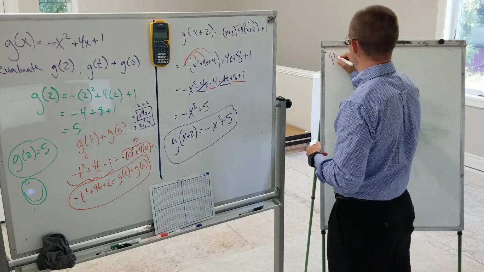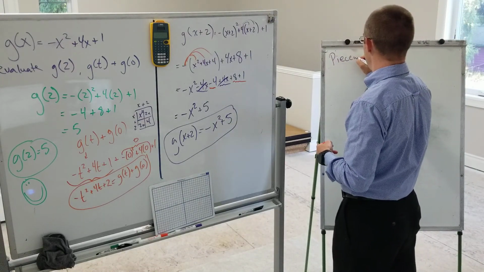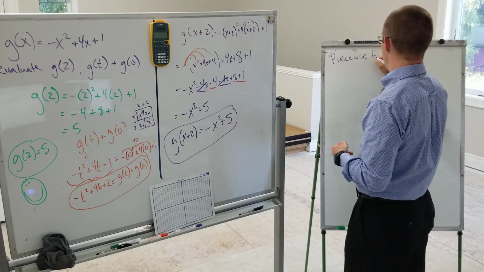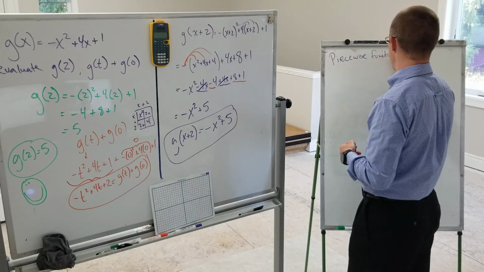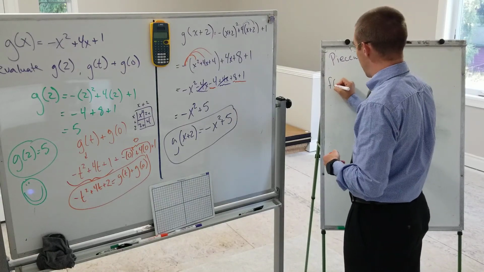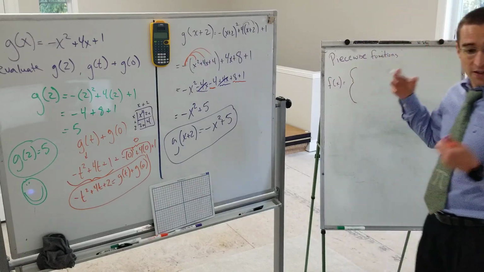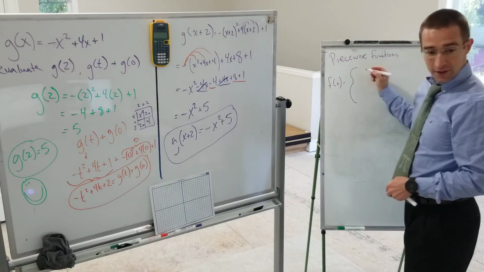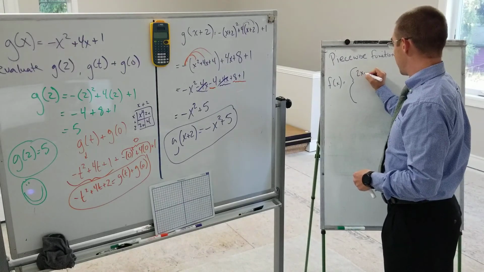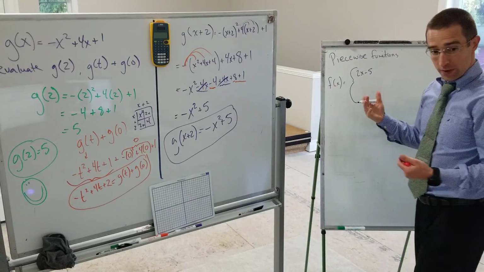So piecewise functions look like this. So we can say f of x equals, and then there's a crazy fun bracket where it's 2x minus 5 for this one.